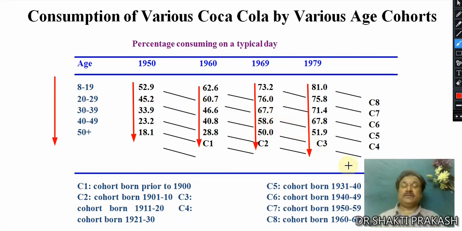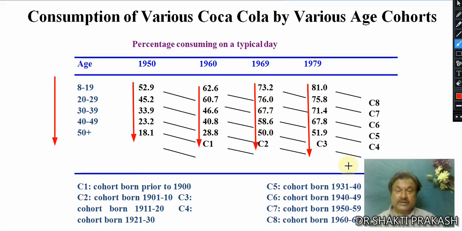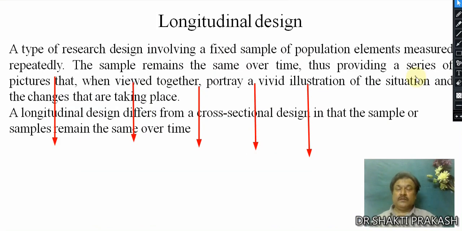So everywhere its consumption is increasing. So we should know how to get the data in every age group. It may be different, but in the next decade it will be different. So know about the cohort cross-sectional design. Then we'll go to longitudinal.